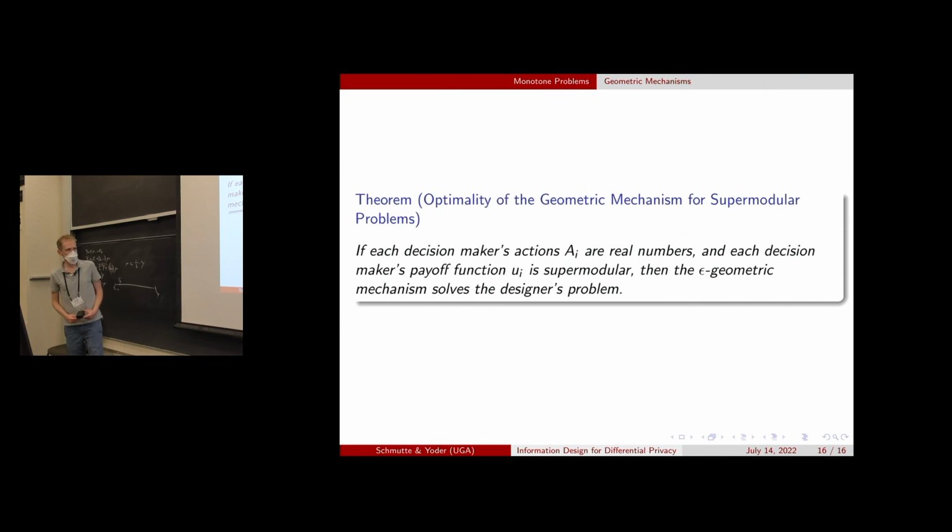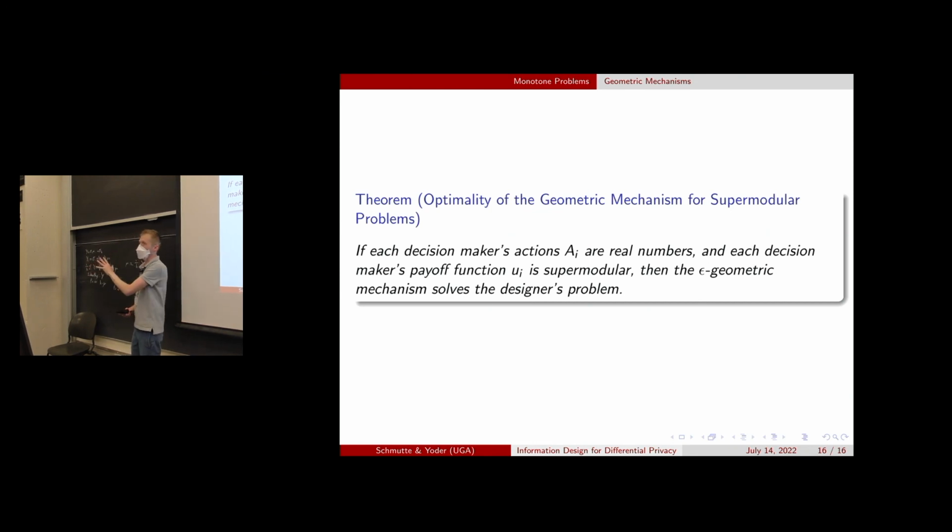As far as categorical data, we do think that it's potentially applicable to Census Bureau publishing categorical data. So what you can think of this as saying for practical purposes is, if you're publishing these counts of categorical data within, like, a census block, and some environments are naturally going to have complementarity with decision maker actions, the geometric mechanism is going to be optimal.